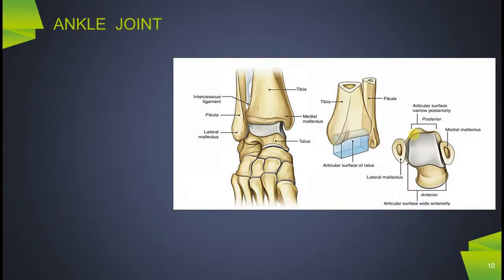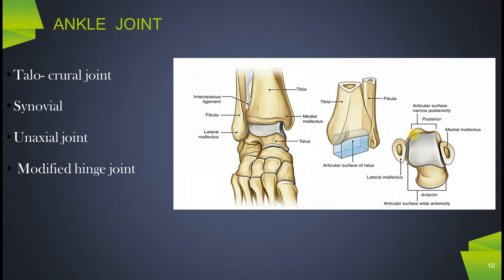So next we will move on to the ankle joint, a synovial joint, modified hinge variety and a uniaxial joint. Okay, so uniaxial means movement only in one plane.